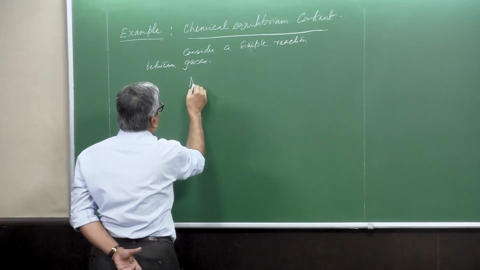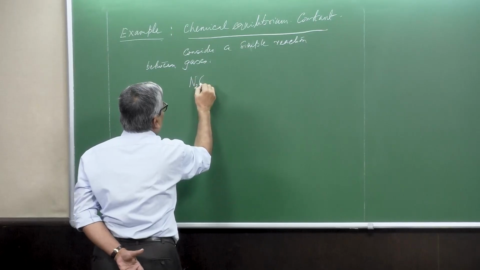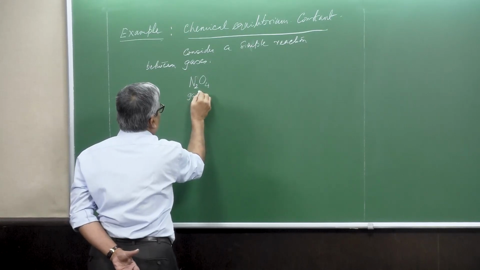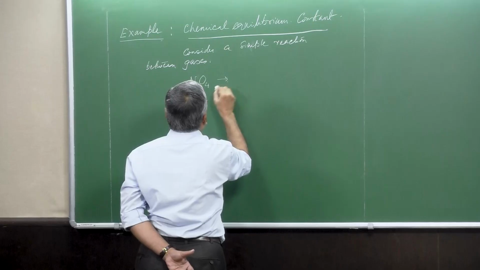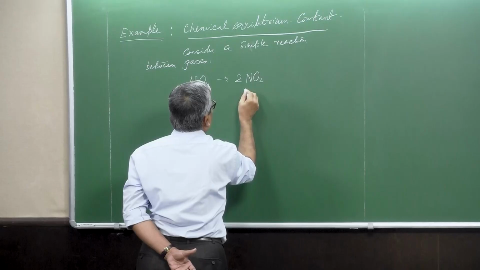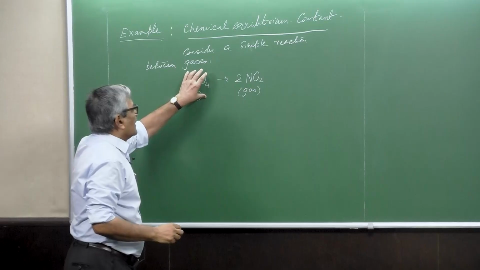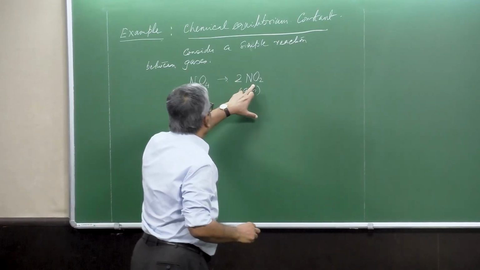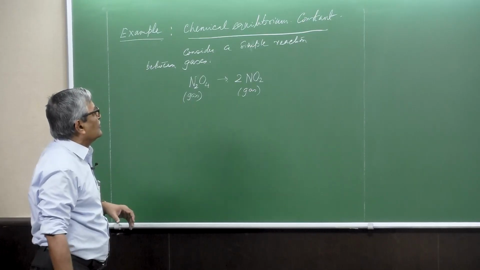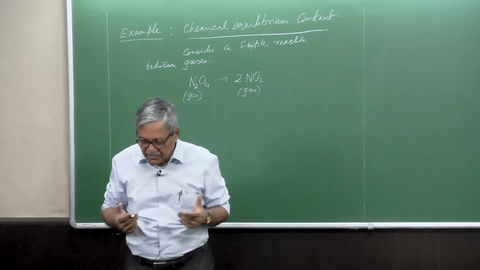N2O4, dinitrogen tetroxide, is a gas and it dissociates to 2NO2, nitrogen dioxide. It is also a gas. So one molecule gives two molecules here, or 1 mole gives 2 moles here. So this is the reaction that I would like to consider as an example, an explicit determination of an equilibrium constant.